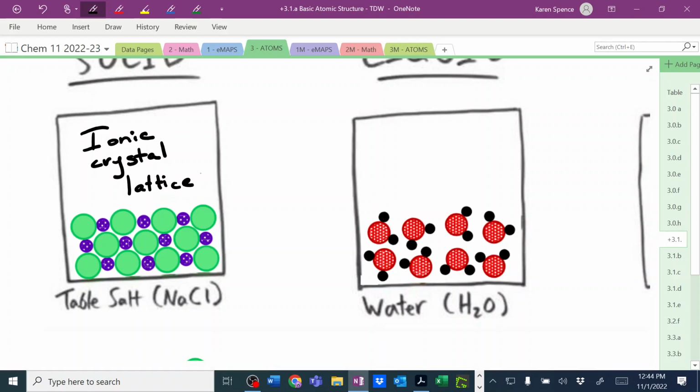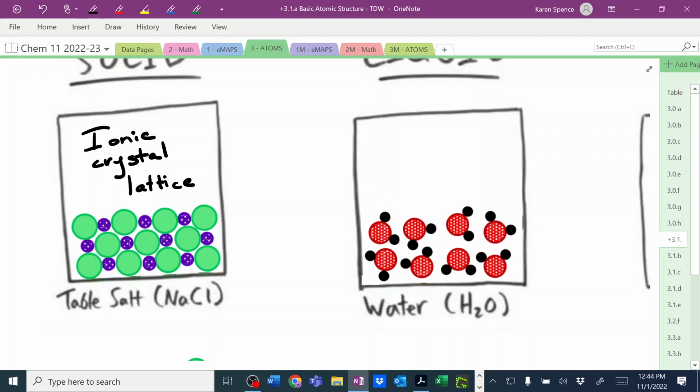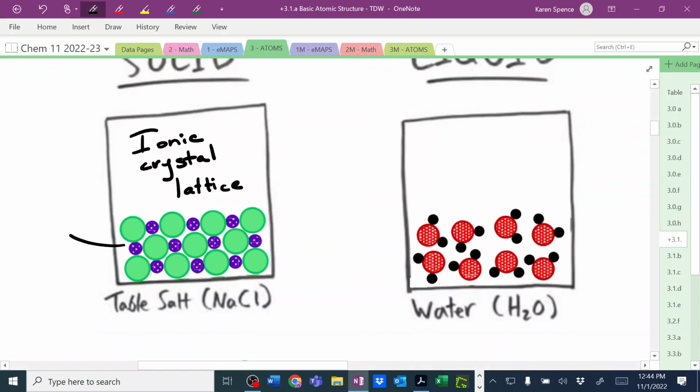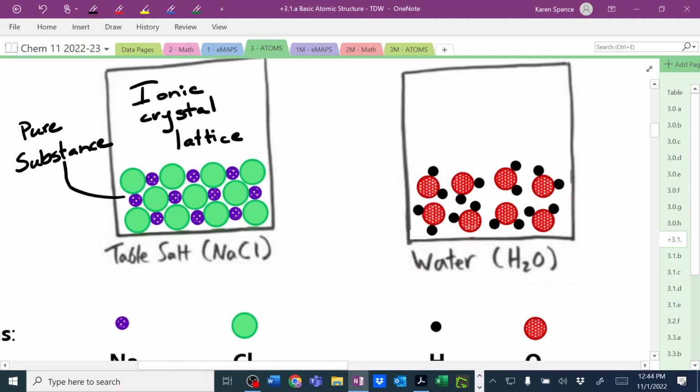And is it a pure substance or is it a mixture? It is a pure substance. Okay. It's an ionic crystal lattice. It's a pure substance. What type of pure substance is it? There's two types of pure substances. What are they?